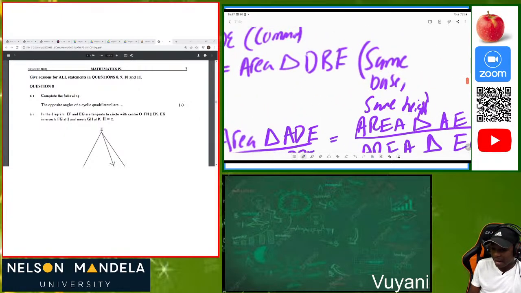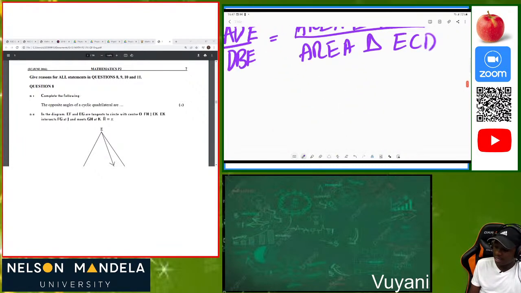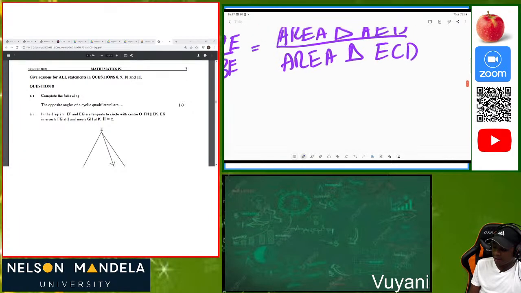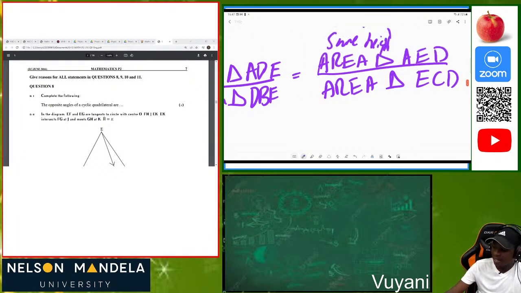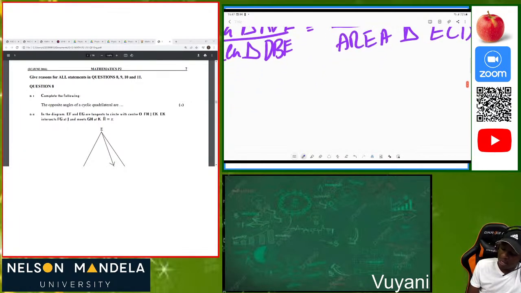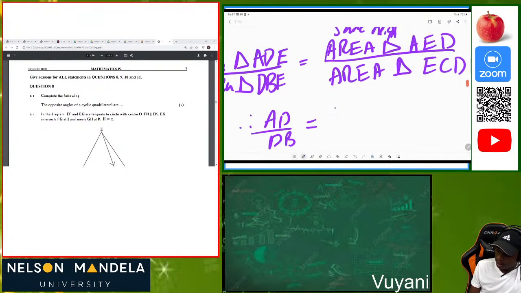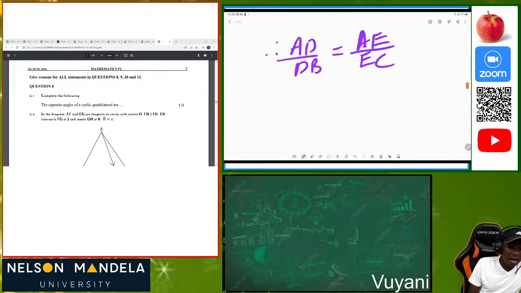Since we wrote that part here, this part is the one assisting us. So these two areas are equivalent to each other, and then we can conclude that AD over DB is equivalent to AE over EC. So that's our proportional theorem.